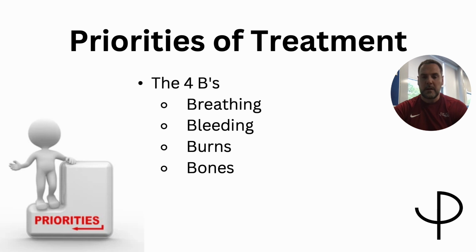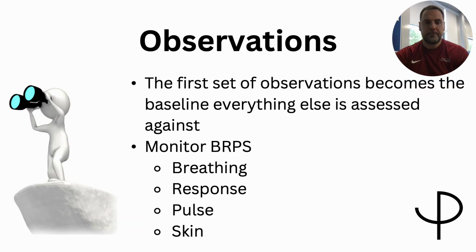In an environment like a restaurant or a fast food chain, for example, then burns would probably come above bones because they're more likely to happen in that particular context. So as a summary, we'll deal with the significant bleeds first, anybody who's not breathing, and then the bones and burns will depend on the context of the environment of the workplace.